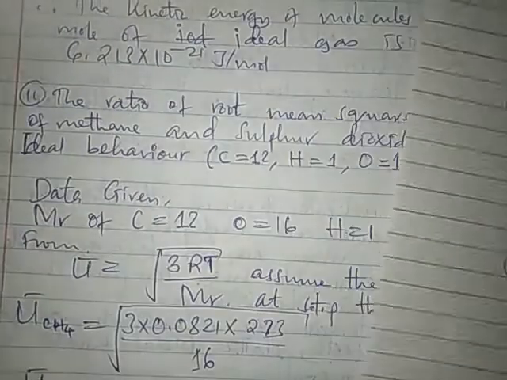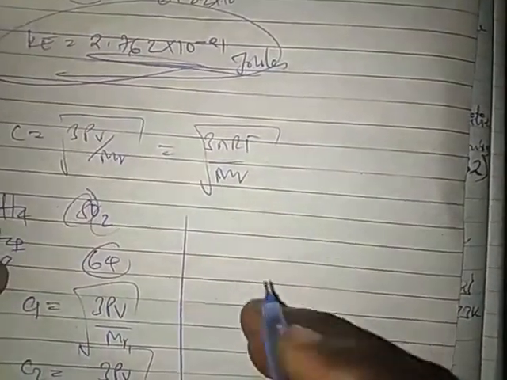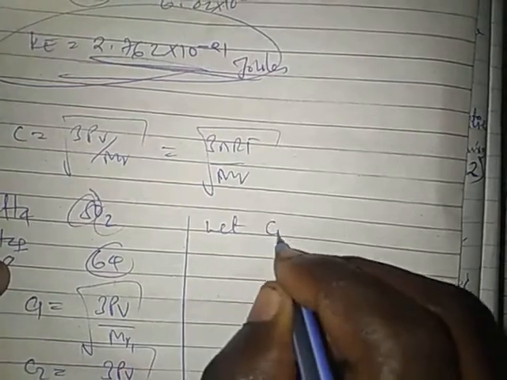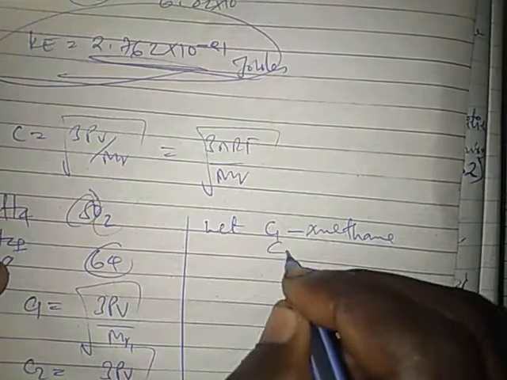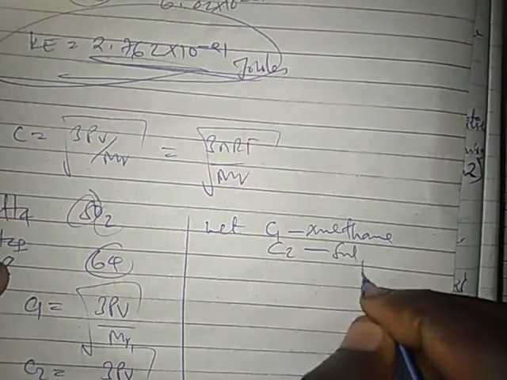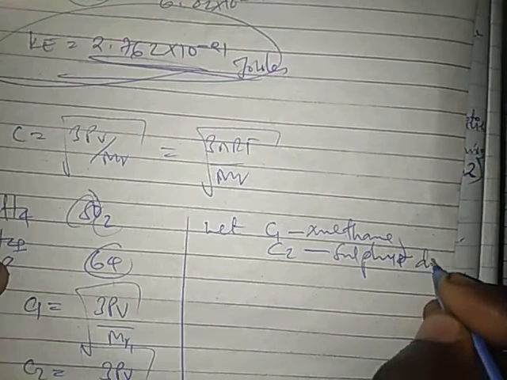So tunataka ratio ya root mean square velocity ya methane na sulfur dioxide, tunaweka C1 iwe methane na C2 iwe sulfur dioxide.